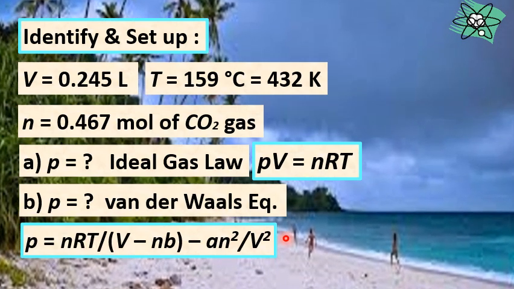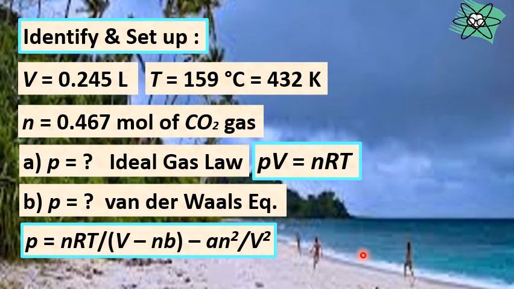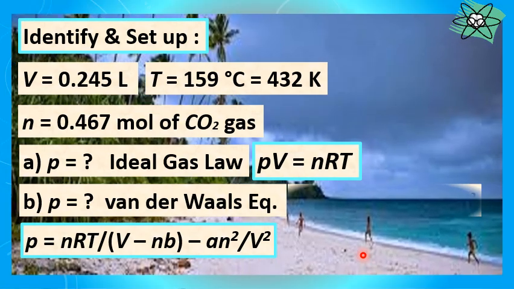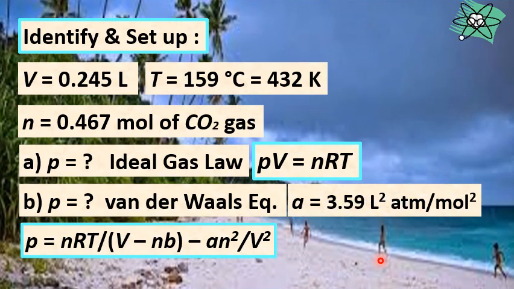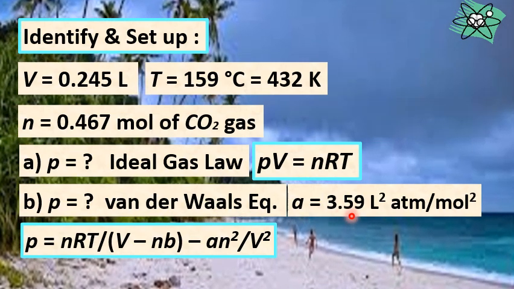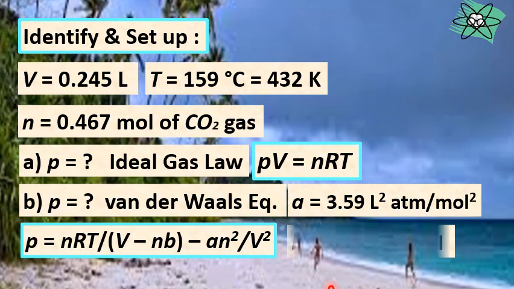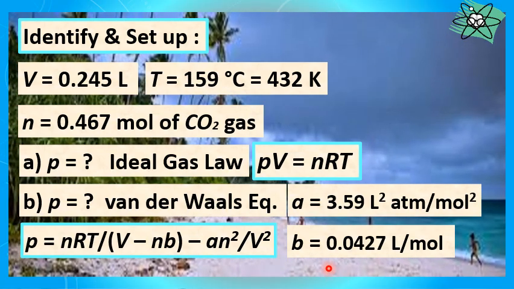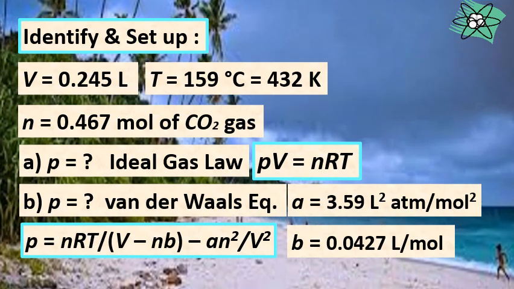So, as presented earlier in the table of van der Waals constants, we take note that the constant A for carbon dioxide is equal to 3.59 liters squared atmosphere per mole squared, and the constant B for the same gas, carbon dioxide, is equal to 0.0427 liters per mole.